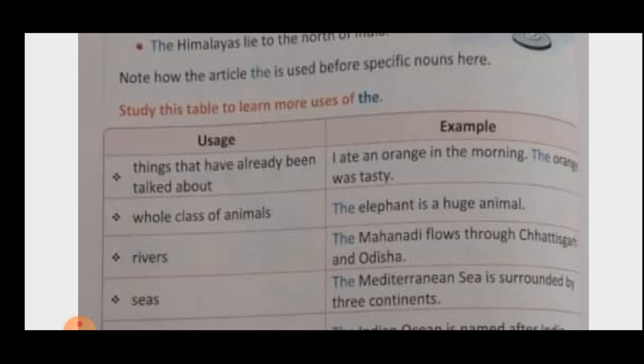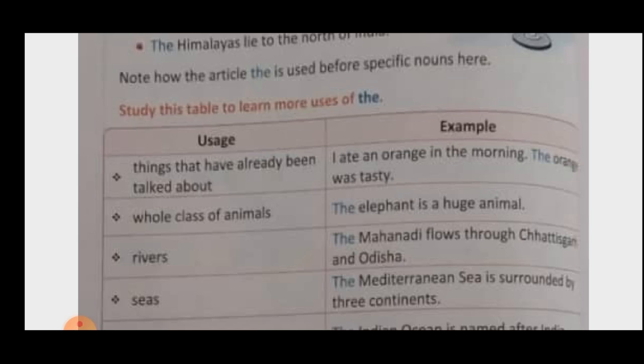Next is whole class of animals. If we are referring to the whole class of animals, there we will use the. For example, the elephant is a huge animal. That means all the elephants are huge animal. So we are referring to the class of animal, that is elephant.